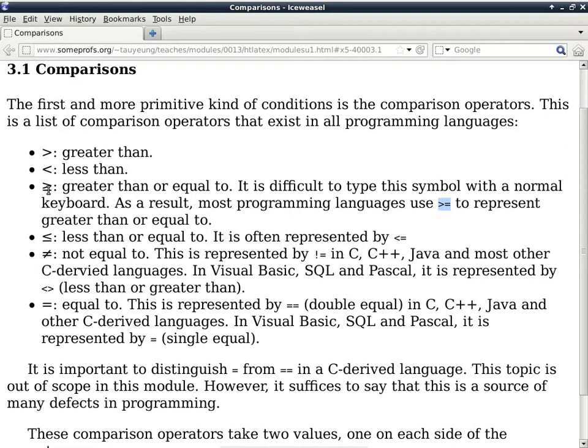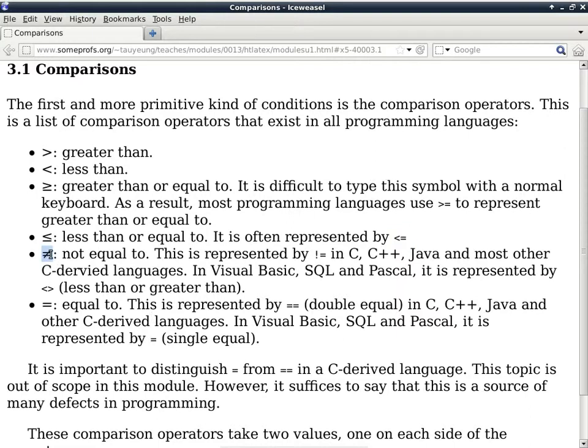In most programming languages, we just use greater than followed by the equal symbol to represent greater than or equal to, because there's no single key on the keyboard that allows you to type greater than or equal to as a single symbol. Same thing for less than or equal to. Even though in HTML I can find the element to do it, when you're typing in a program, you just use less than and then the equal symbol to represent less than or equal to.